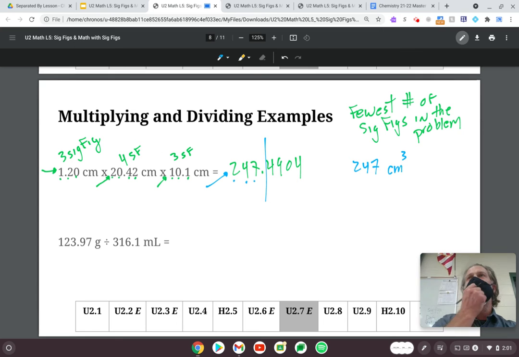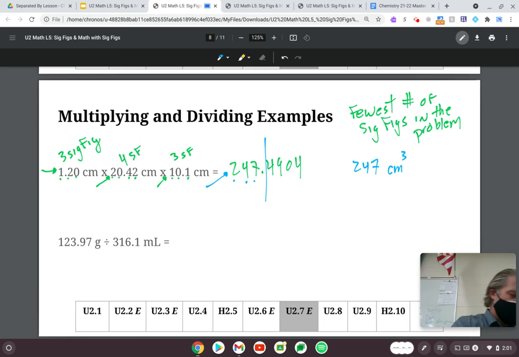Centimeters cubed, right? Because centimeter times centimeter times centimeter is cubed. Just like x times x times x is x cubed. So what this tells you is that I had 3 sig figs, 4 sig figs, and 3 sig figs. So my answer also has to have 3 sig figs. It cannot have 4.